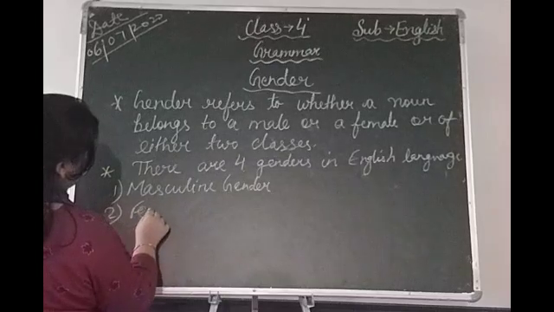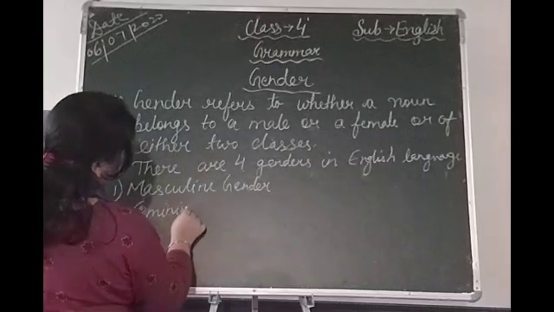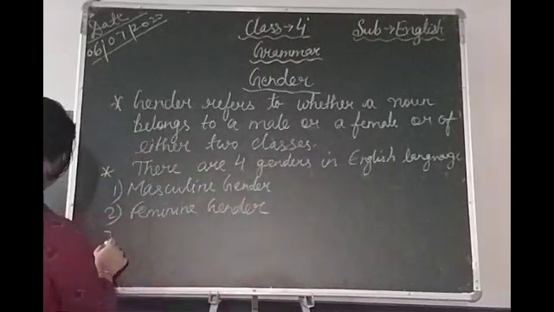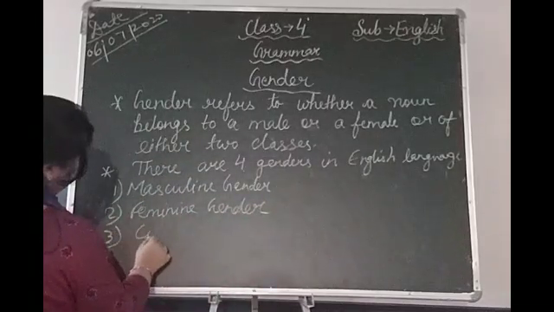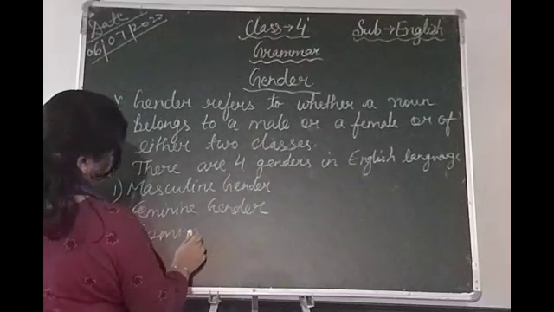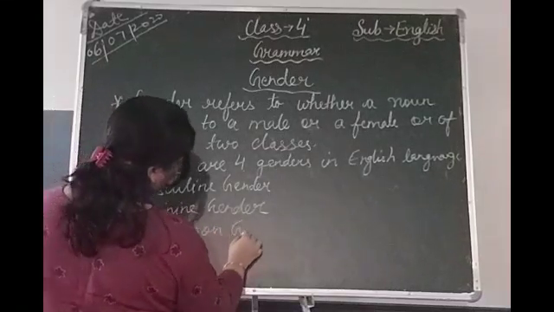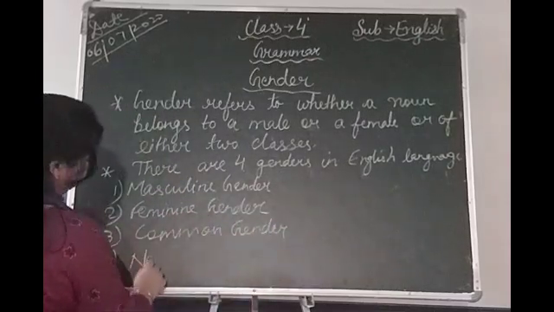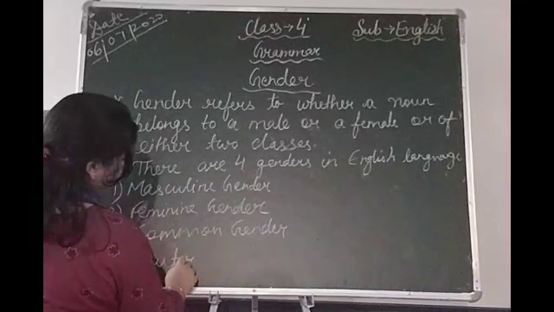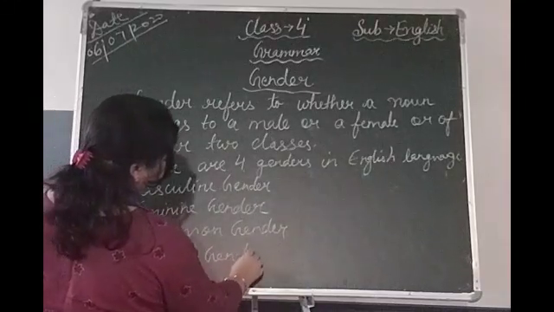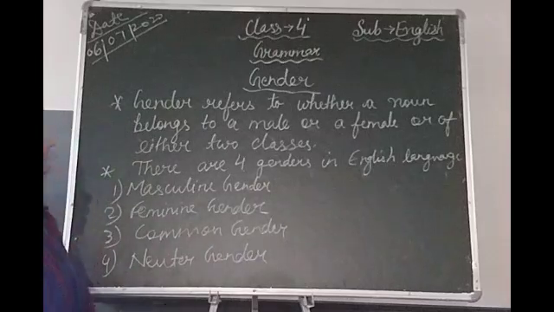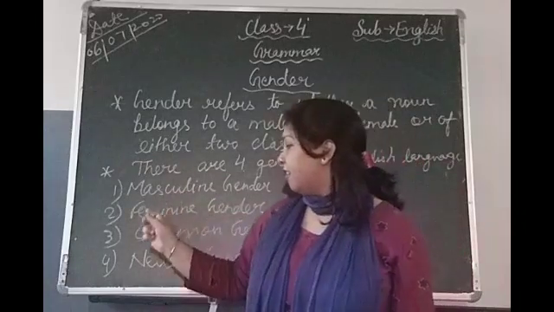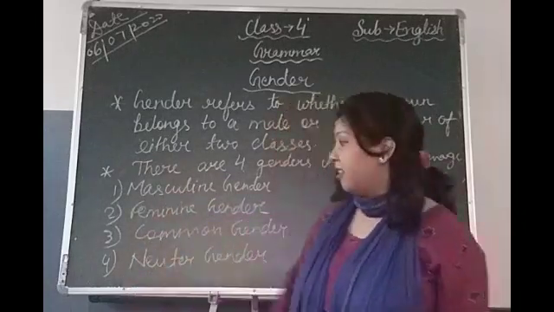Second, feminine gender. Third one is common gender. And the last one is what? Neuter gender. Okay. There are four genders in English language. What are they? Masculine gender, feminine gender, common gender, and the last one is neuter gender.